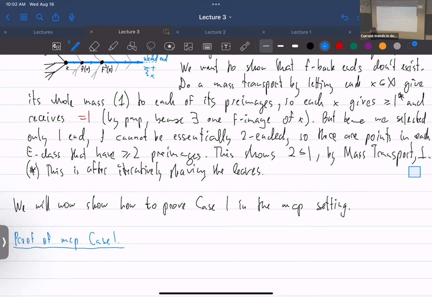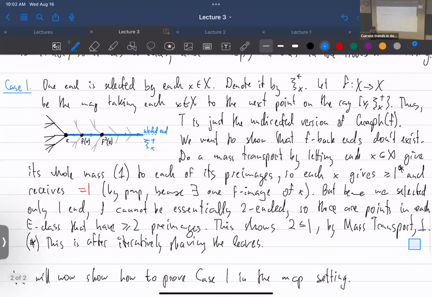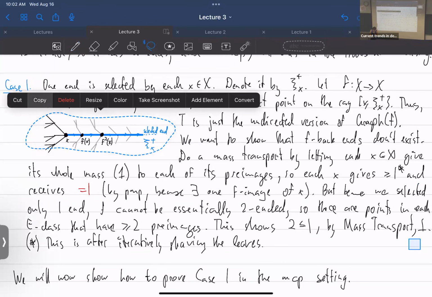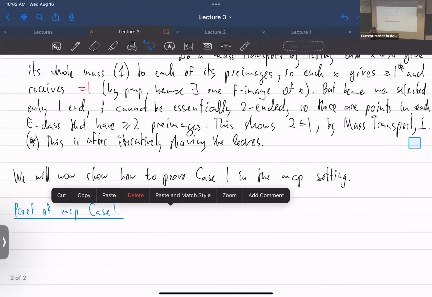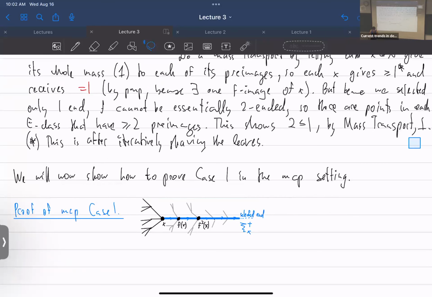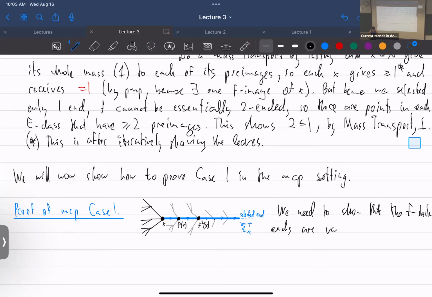So again, we have this function f, and now we need to show that the f backends are vanishing.